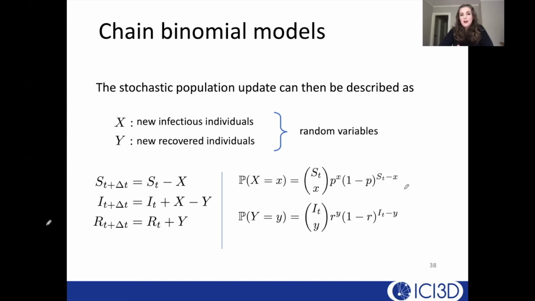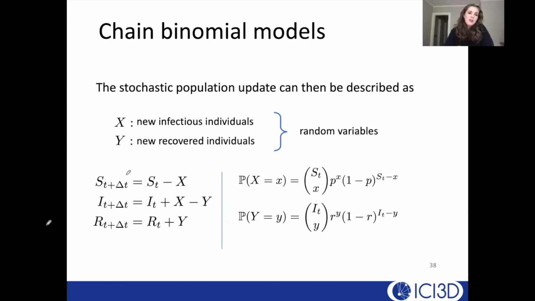But there is a probability associated with the different values of X, as we can see in our expressions for the probability of getting X individuals and the probability of getting Y individuals using our probability of infection P and our probability of recovery, little r.